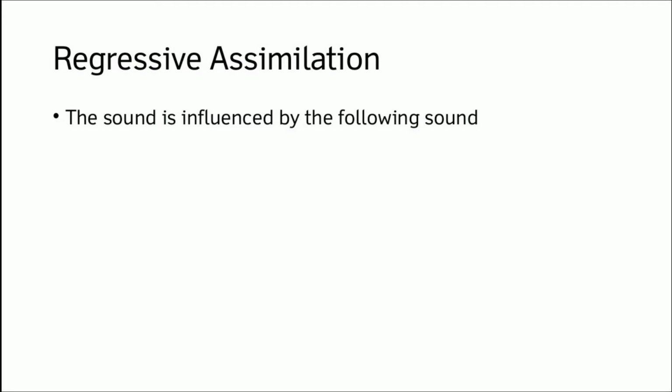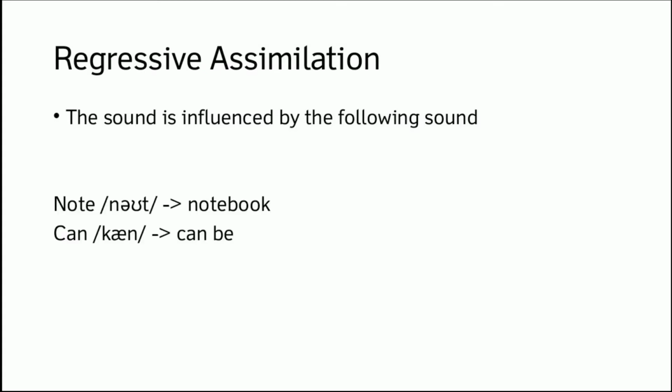In regressive assimilation, the definition is the opposite of progressive assimilation, if I have to say. In regressive assimilation, the sound is influenced by the following sound. For this type, I'm going to show you two words again as an example. But this time, I will show you its compound words too.